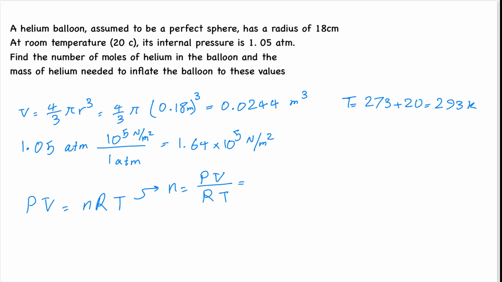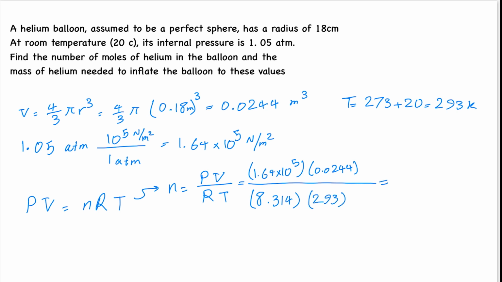If we put these numbers in, P we found, which is 1.64 times 10^5. V is 0.0244. And R we should remember, which is the universal gas constant, 8.314. I don't write the units. And then times temperature T, 293 Kelvin.